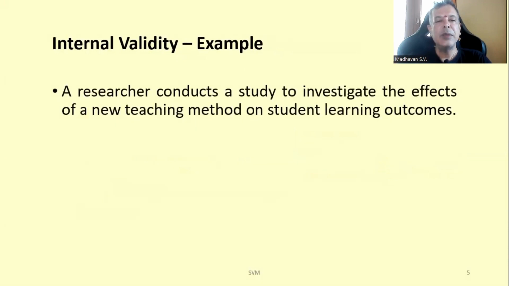An example: a researcher conducts a study to investigate the effects of a new teaching method on student learning outcomes. Here the researcher is considering the new teaching method as the independent variable and the learning outcome as the dependent variable. He wants to establish a direct cause and effect between these two.